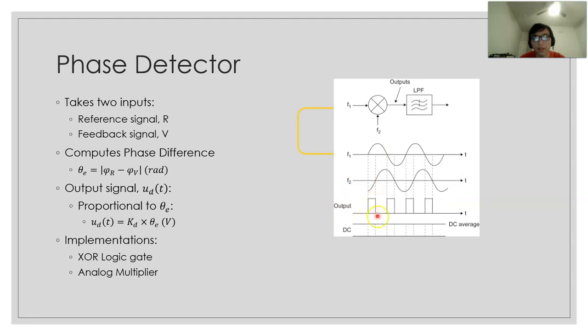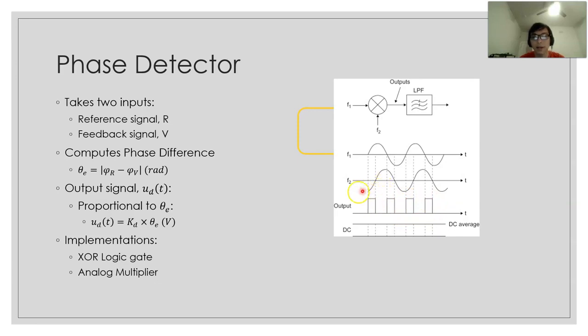The time that one signal is opposite to the other in sign is proportional to the phase difference between the two, and we can use it to generate a square signal with a duty cycle proportional to the phase difference.